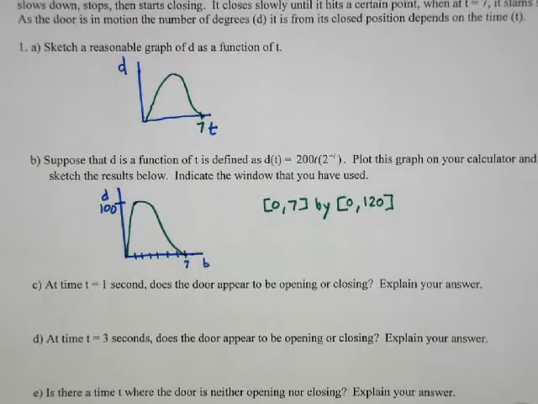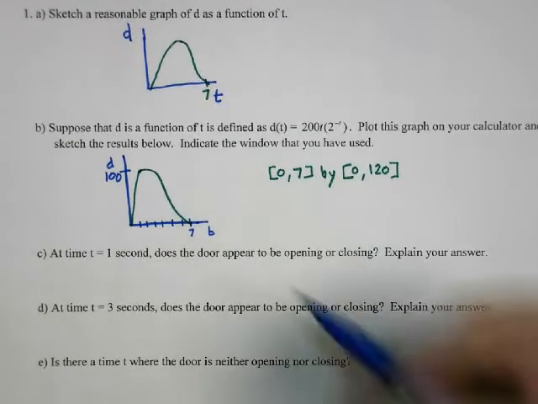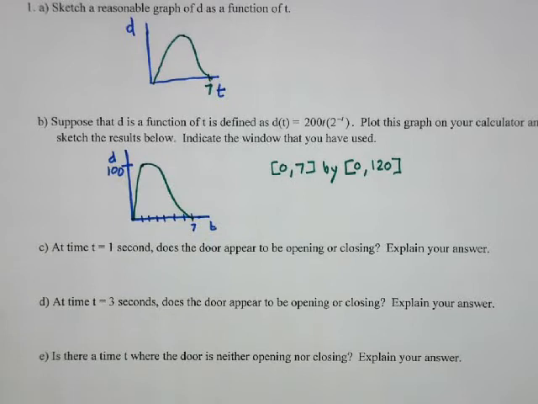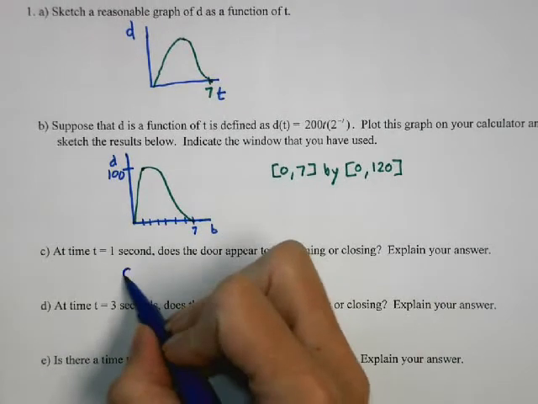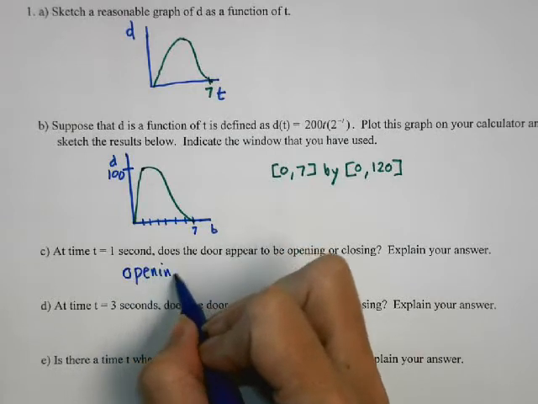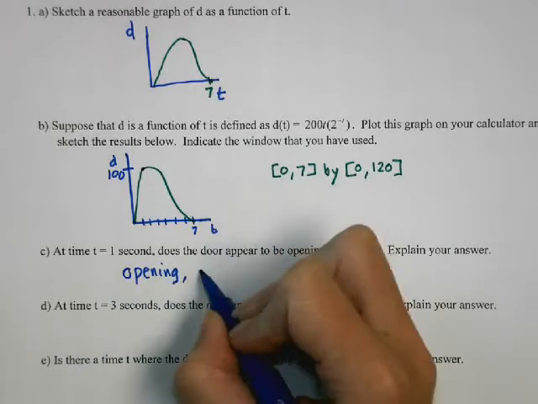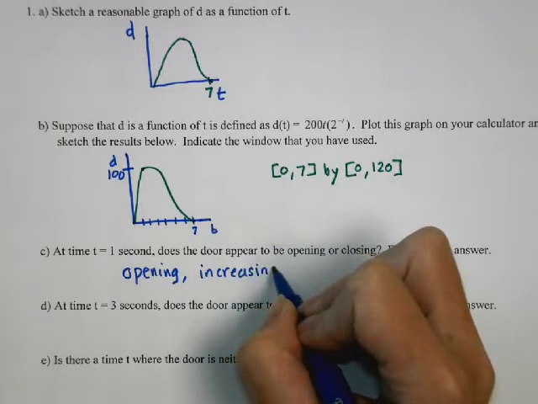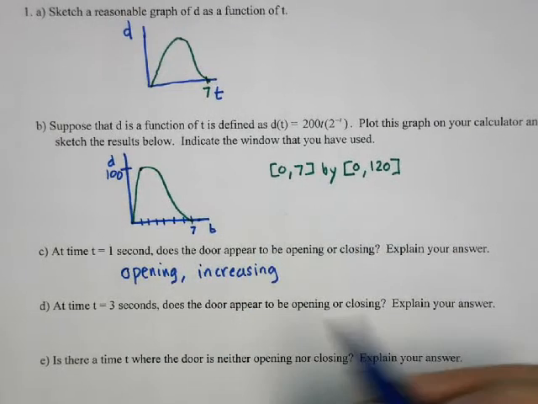So at time t equals 1, does the door appear to be opening or closing? So t equals 1 is here, and the graph is going up, which means the number of degrees is increasing, which means it's opening, because the graph is increasing, meaning the number of degrees is going up.